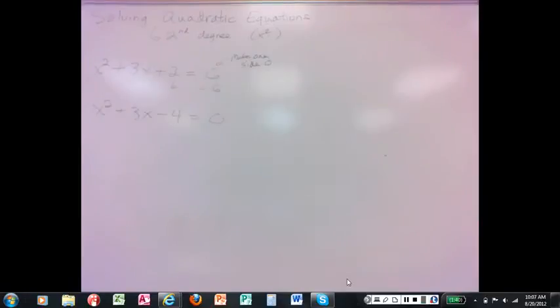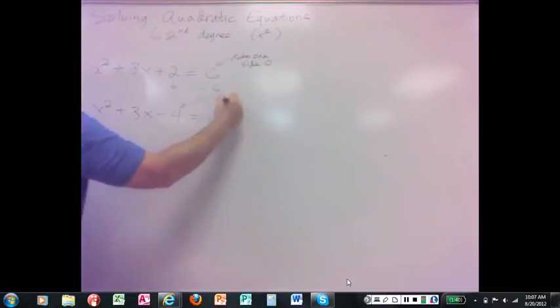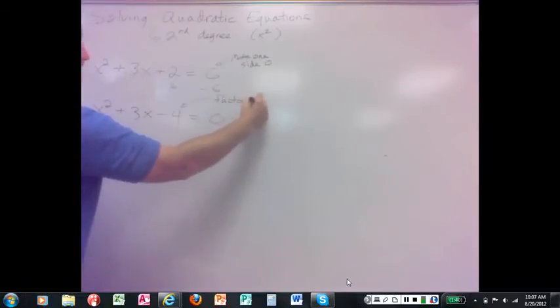All right, now, what do you think next? There are two ways we could go with this one. The preferred way of doing this one would be by factoring. We've got one side 0. Let's see if we can factor the left side, x squared plus 3x minus 4.